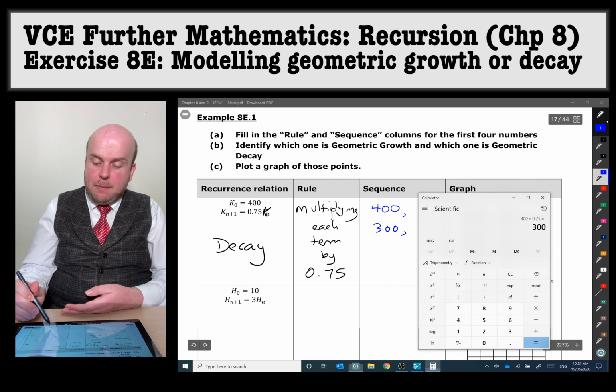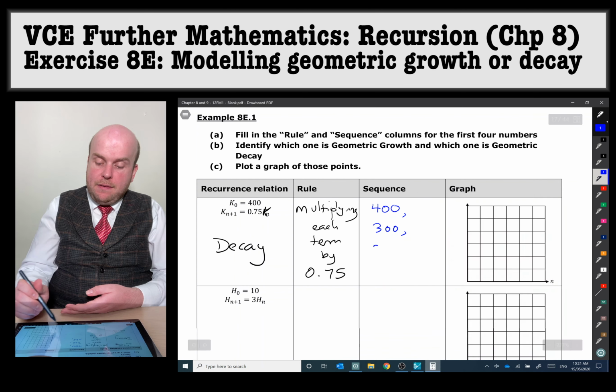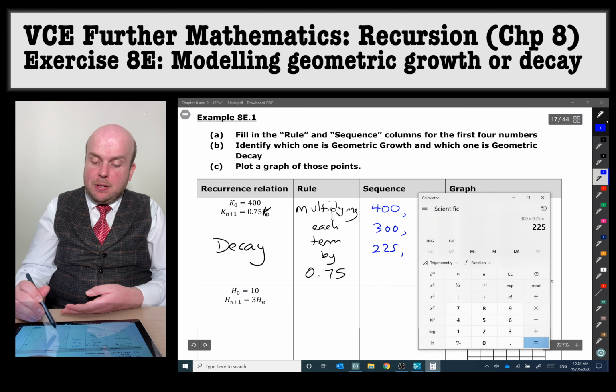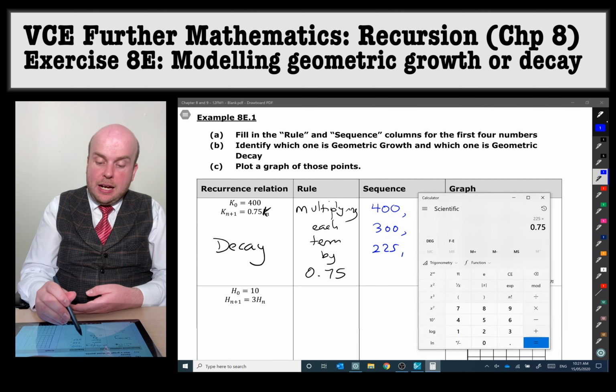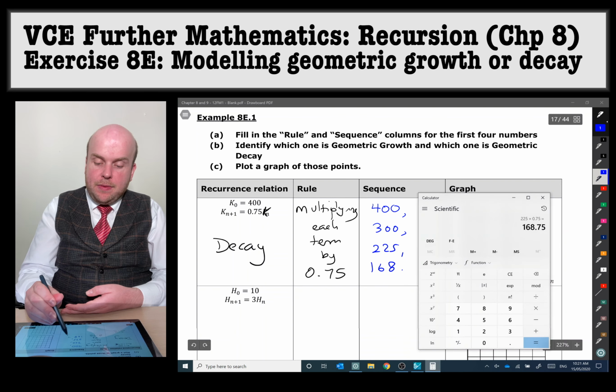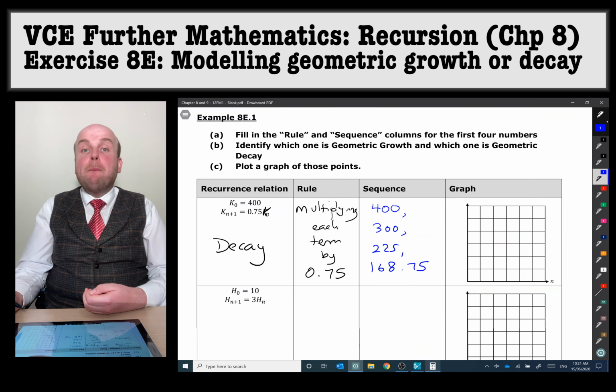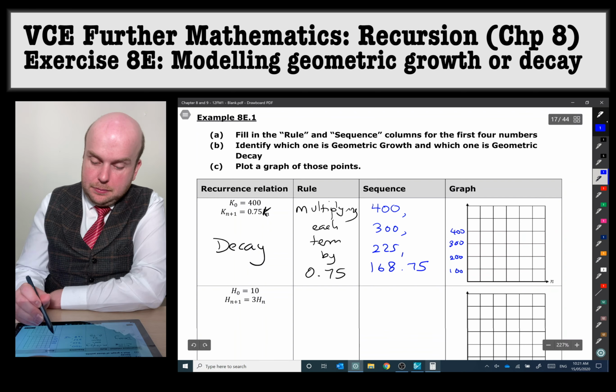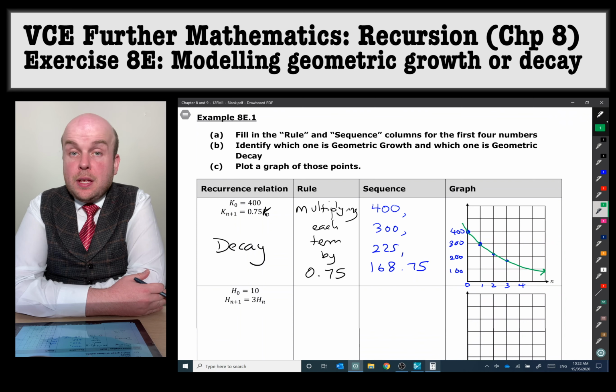And then we'll times that by 0.75, and that gets me 225. And then we times that by 0.75, and then we get 168.75. So now we need to plot them. So there's my plot, and as you can see, it's starting to follow a non-straight line pattern.